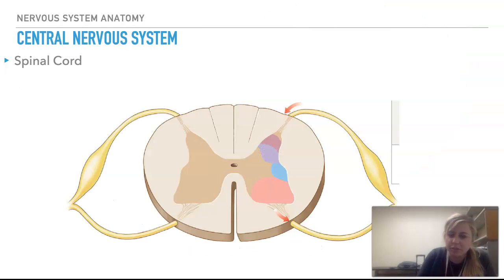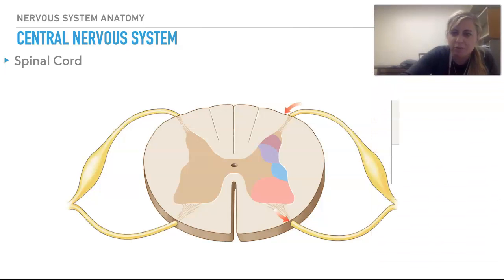And as a little bit of a preview into where we're going to be heading next with the peripheral nervous system, here's a cross-section of the spinal cord, but then we can also see the roots of the spinal nerves coming off the side. So we can see that there's a spinal nerve here and there's a spinal nerve here. It's important to know that when a spinal nerve connects to the spinal cord, coming in the posterior, the dorsal side is going to be sensory information.